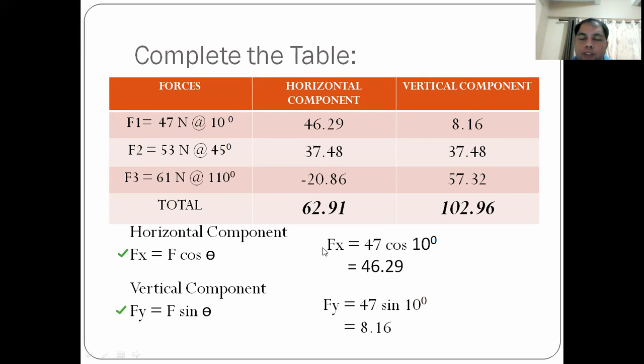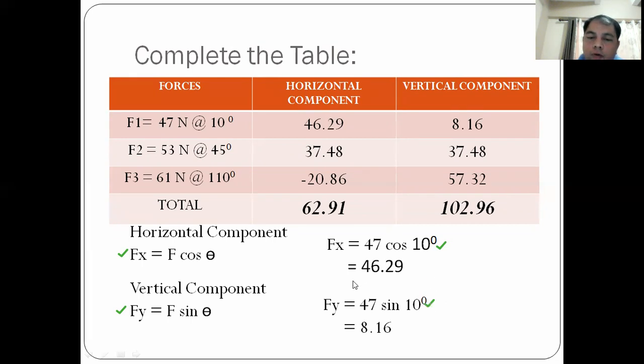For F1, the value of our horizontal component will be 47 newtons cosine 10 degrees. And that's how we get the first value of our component, Fx1. Now for our vertical component for F1, that will be 47 sine of 10 degrees. We simply substitute directly the value of the angle.